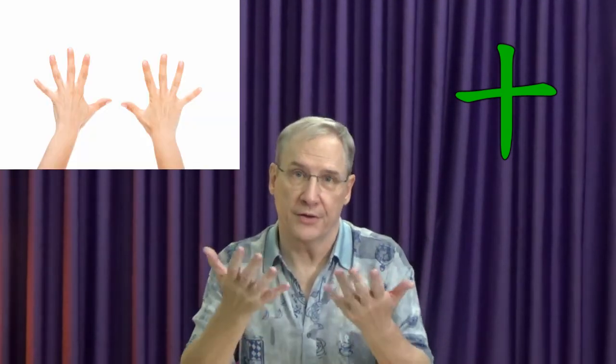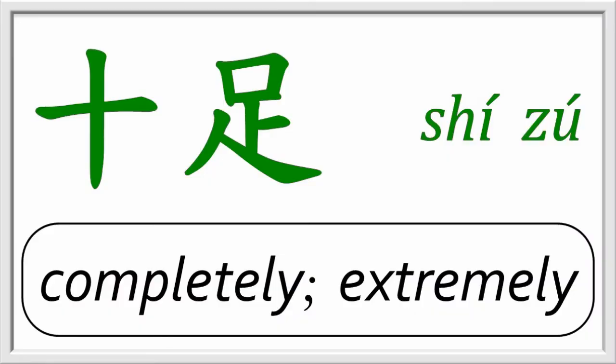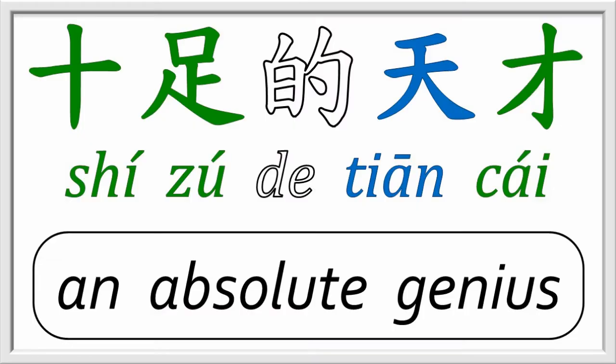Certain numbers have cultural significance, and to the Chinese, the number 10 indicates perfection or completeness, supposedly because it's the total number of our fingers. With this sense of the number, we can make the expression 十足, meaning completely or extremely. A person described as 十足的天才 would be an absolute genius, for example.